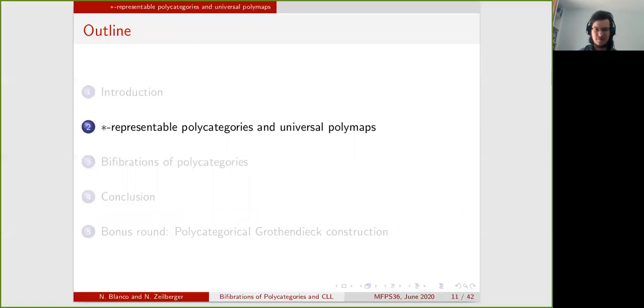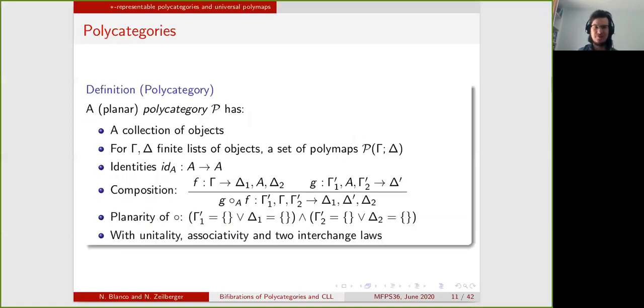Okay, so now let's get into it. And first, define polycategories. So our polycategories will be taken to be planar, which means that they are not necessarily symmetric, basically because it's possible to define that, and symmetry doesn't really play any part in this story. So you could take symmetric polycategories and do everything that we are doing here with only slight modification.